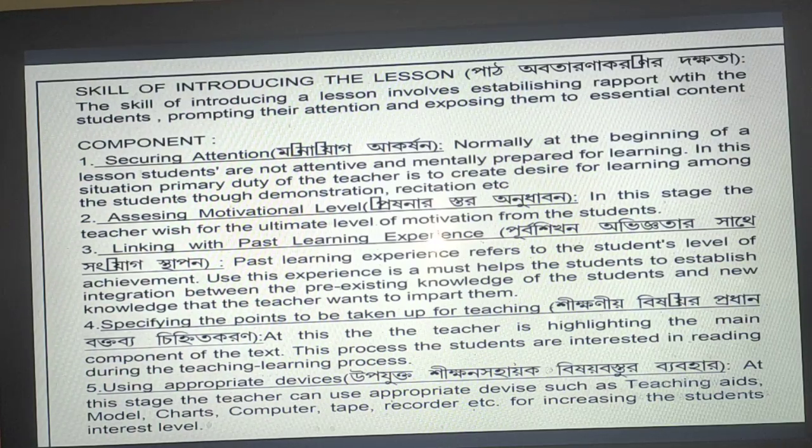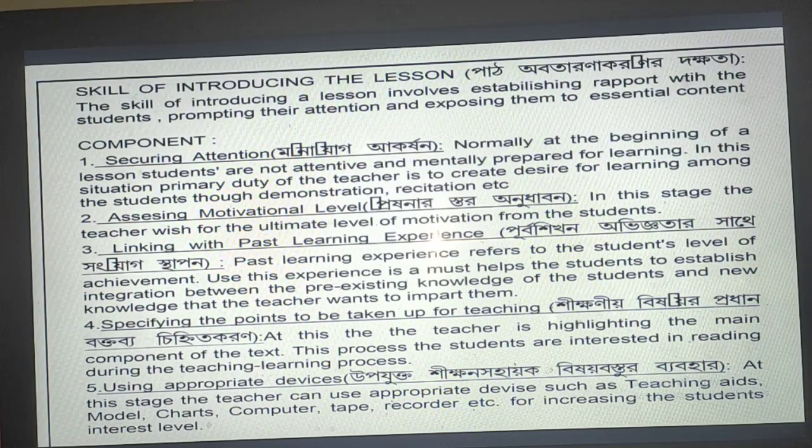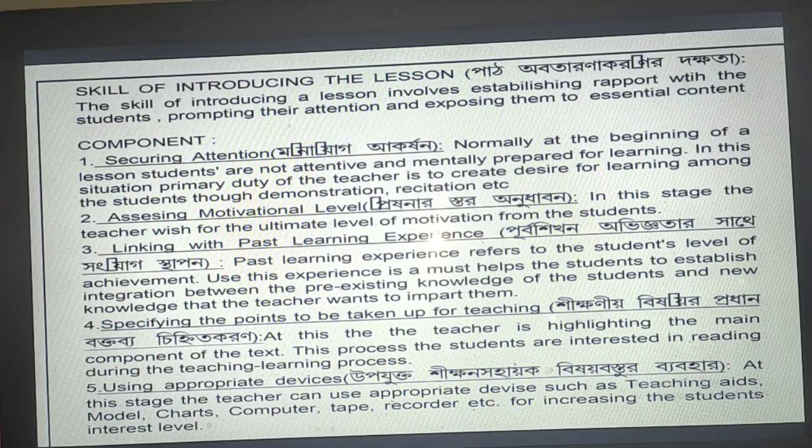They can interact with the students, etc. These are the techniques: tell a story, recite a poem, interact with students on a particular topic. Through these techniques, the teacher can create attention among the students. That's why the first point is securing attention.